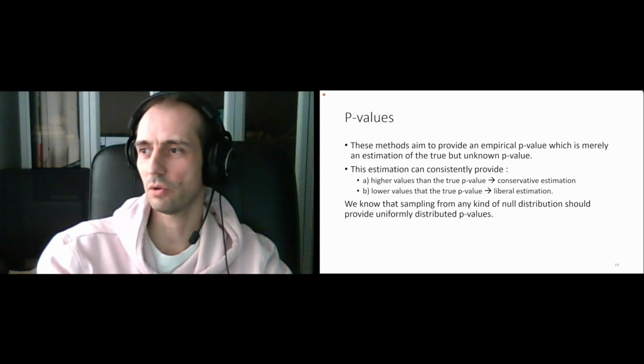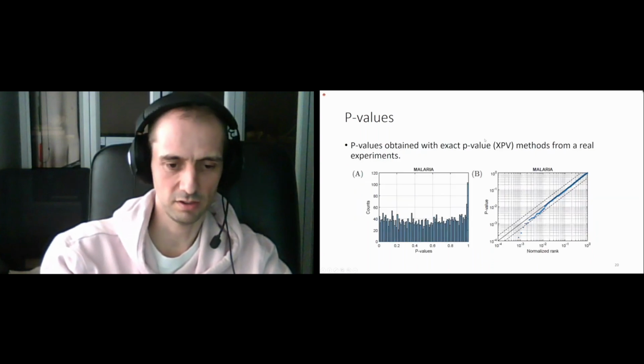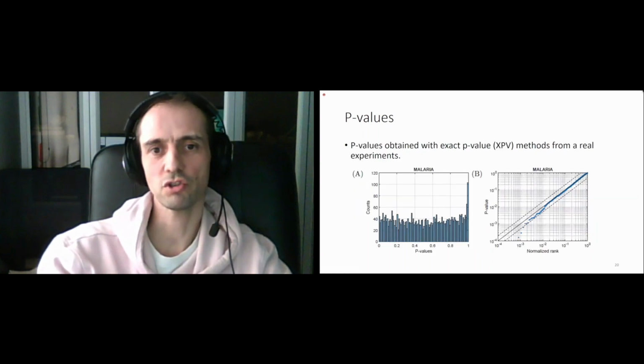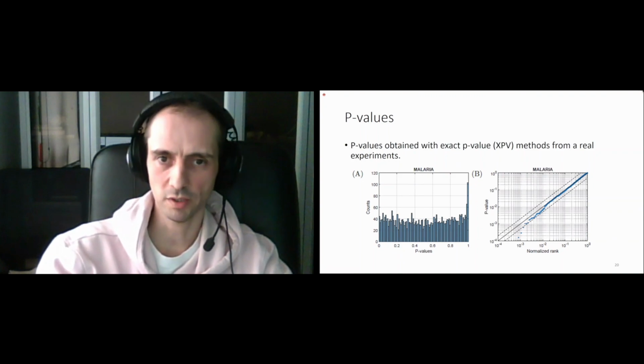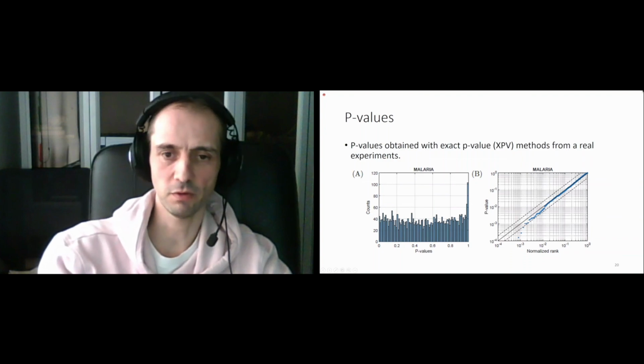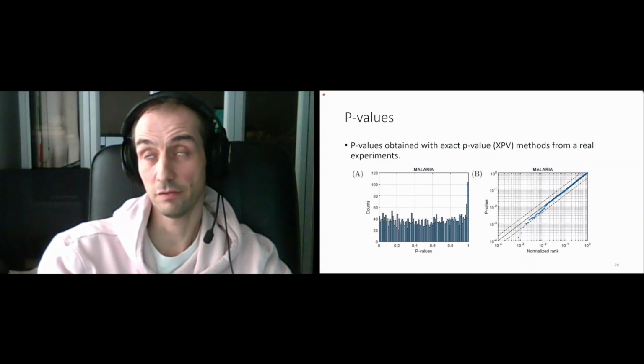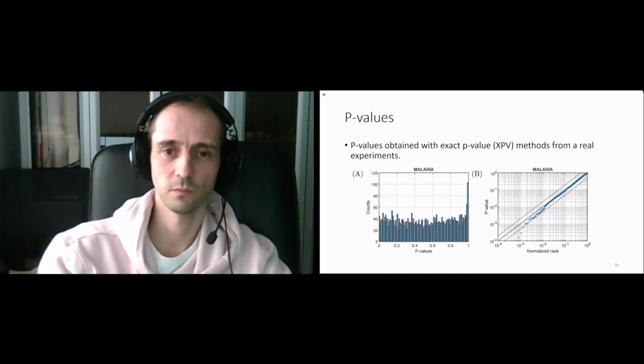So we know that if we sample according to the null distribution and calculate the p-values, and then we plot the p-values, or make a histogram of these p-values, these p-values should be uniformly distributed. Okay?